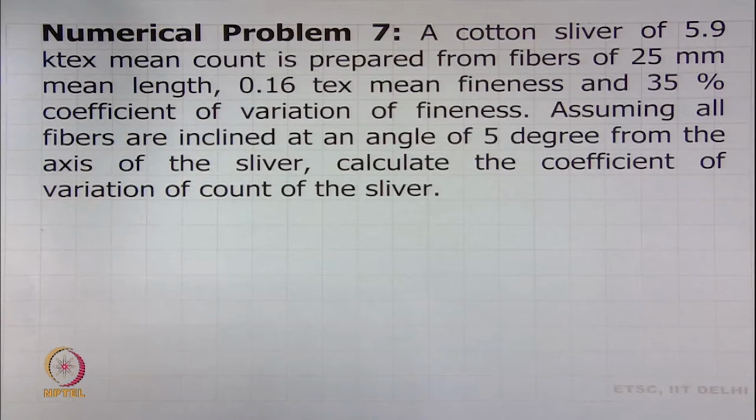A cotton sliver of 5.9 ktex mean count is prepared from fibers of 25 millimeter length, 0.16 tex mean fineness and 35% CV of fiber fineness. So, let us see what is given.